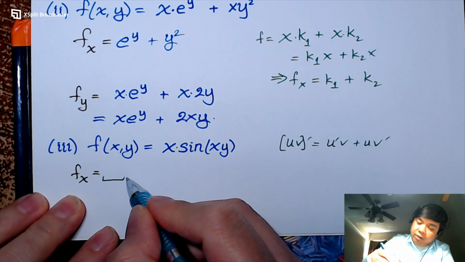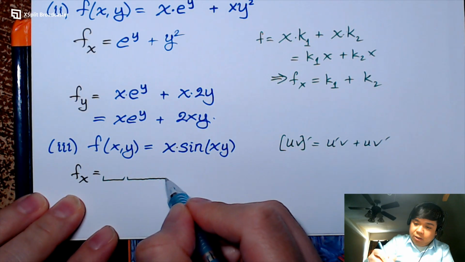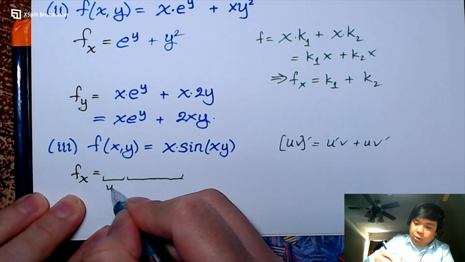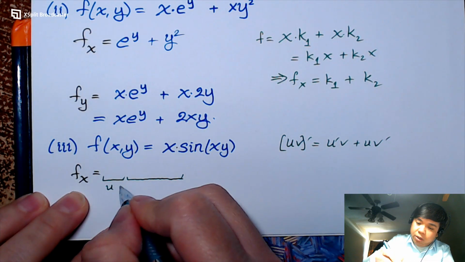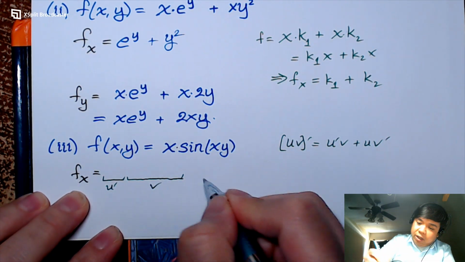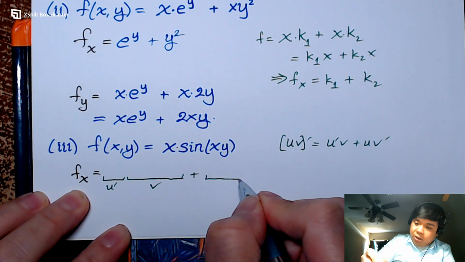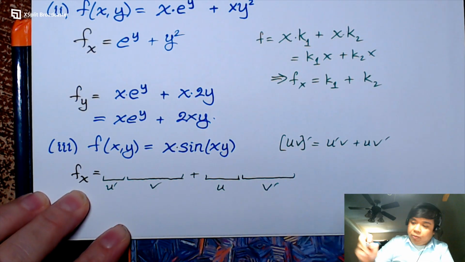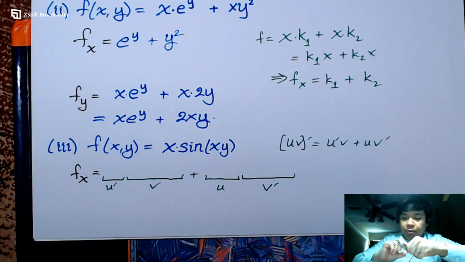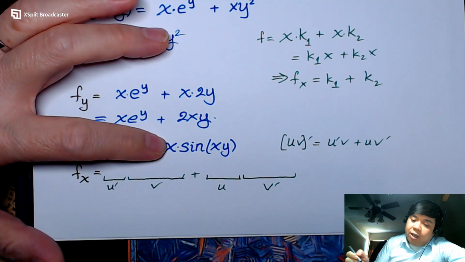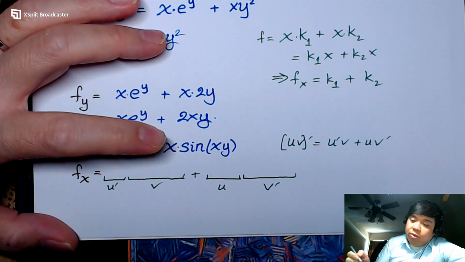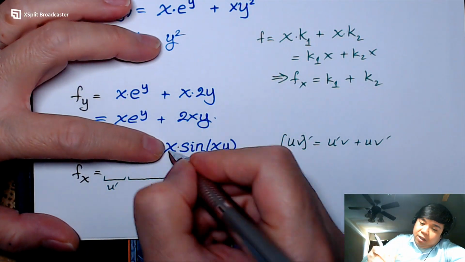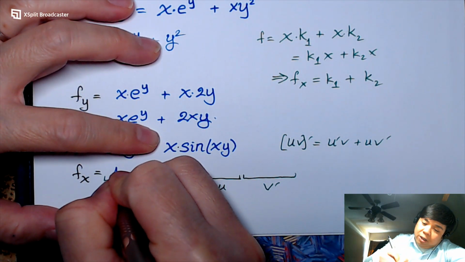So the derivative: u prime v plus u v prime. So x, derivative of that is 1.